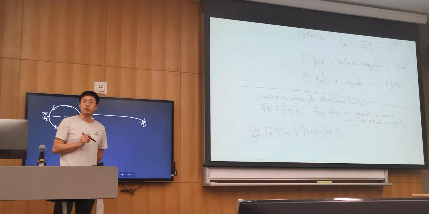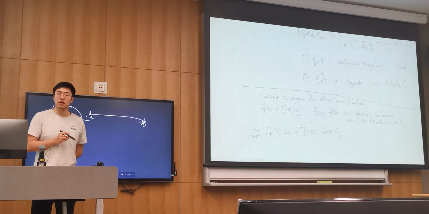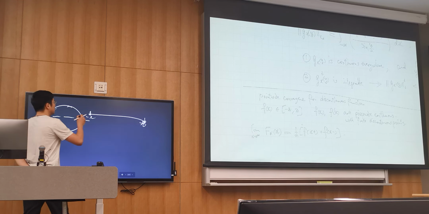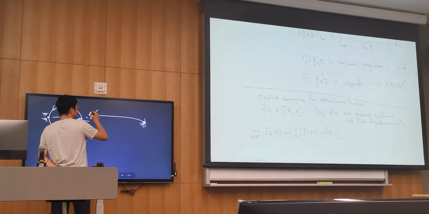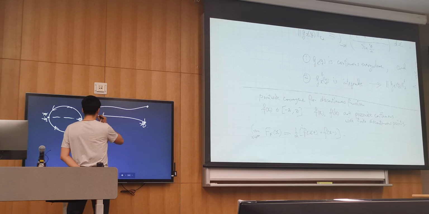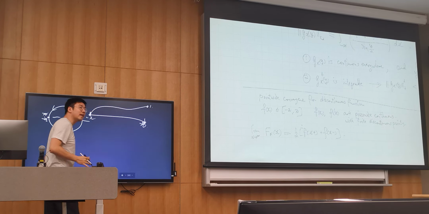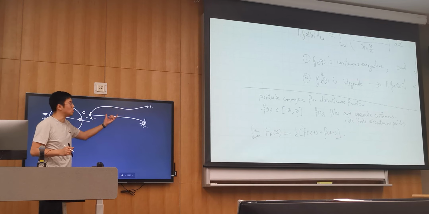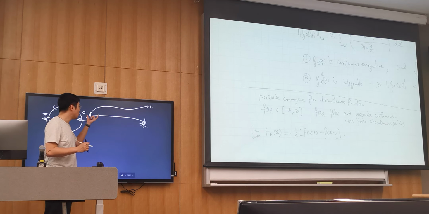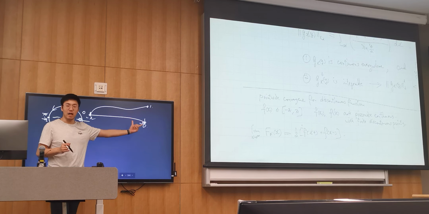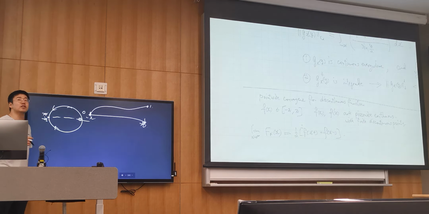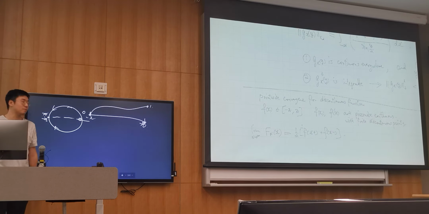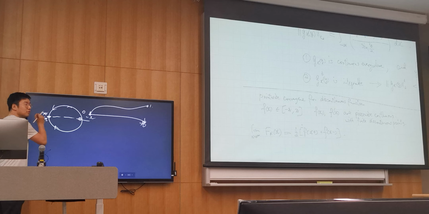Then you may ask the question, what if the function is not exactly periodic? For example, let's say it starts from 0, but it ends at 1. What does that mean? Although this function seems to be continuous for every point within negative pi and pi, it is actually a discontinuous function with one discontinuous point exactly over here.